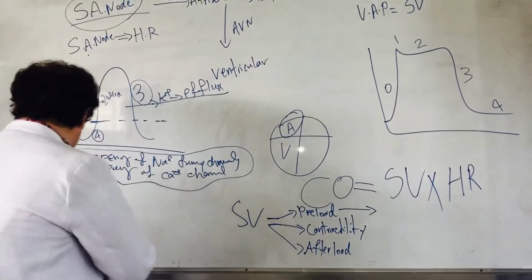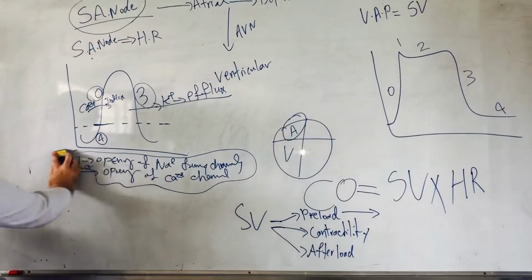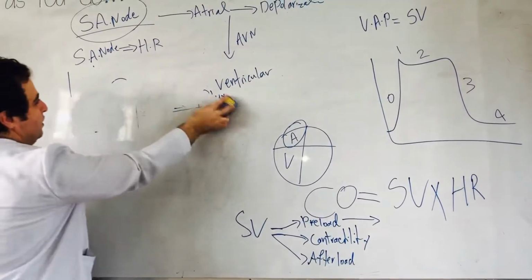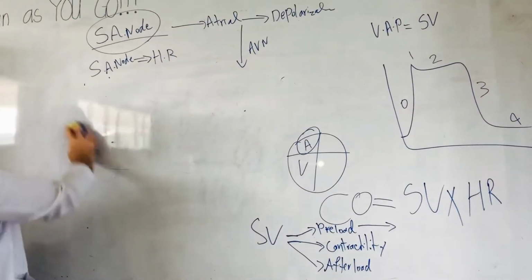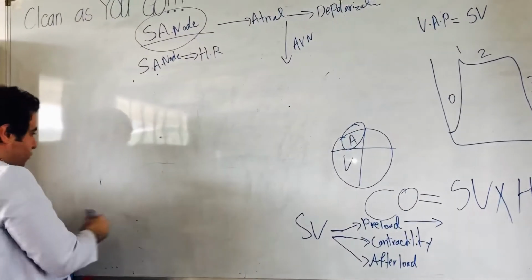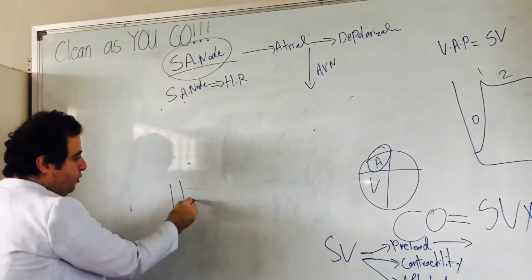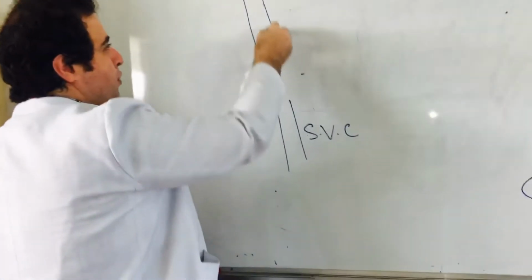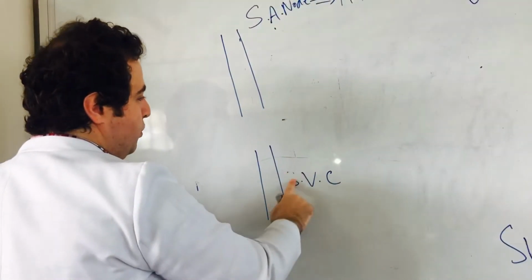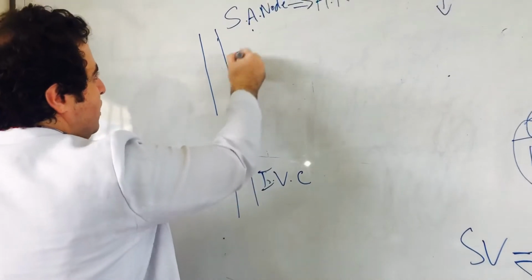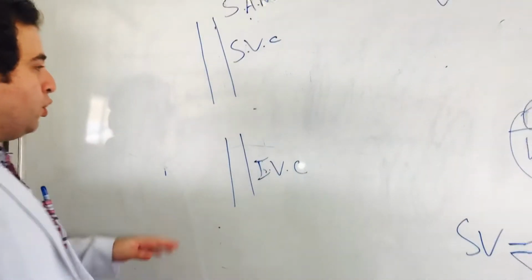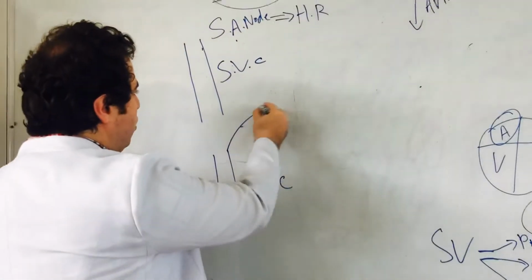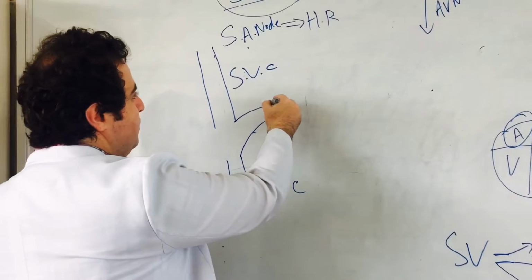If I draw it here, let me make a space here to draw. Okay. So if you recall your anatomy, we have the inferior vena cava and the superior vena cava.